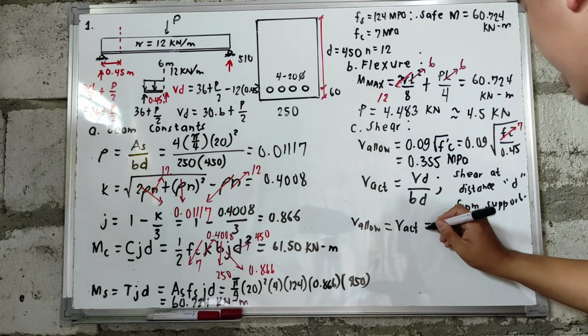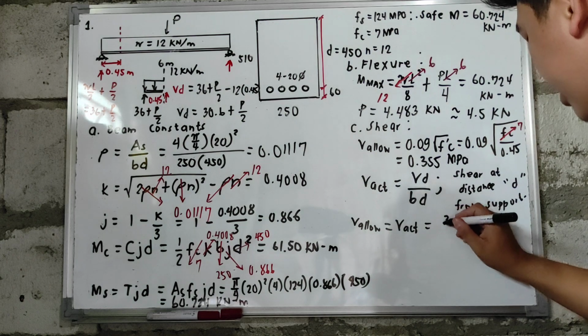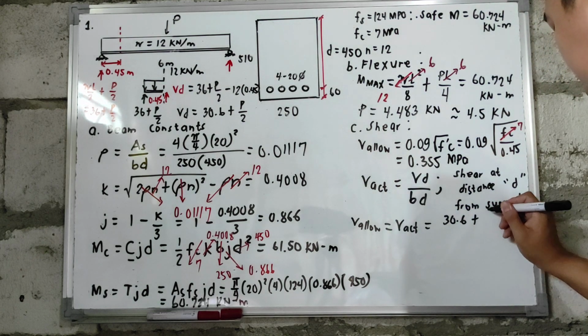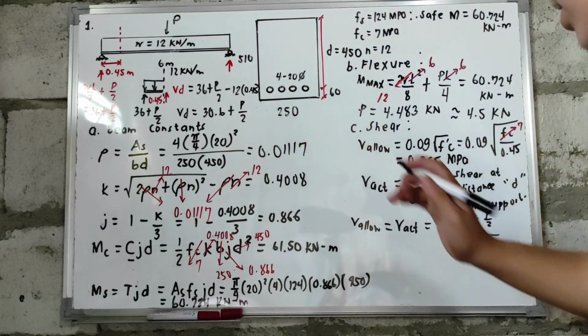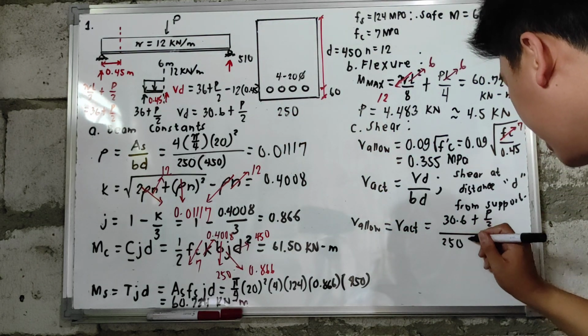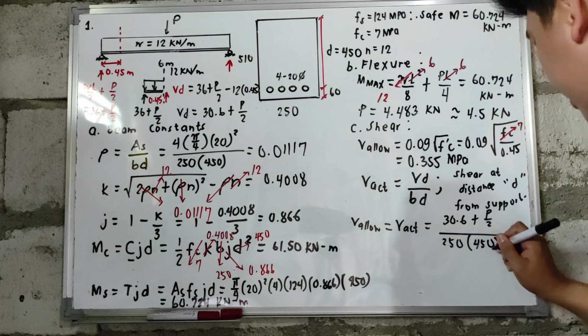Wherein our actual V is equal to our VD of 30.6 plus P over 2, over our B, the width of 250, multiplied by the effective depth of 450 mm.